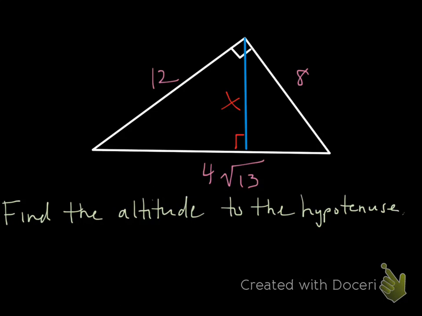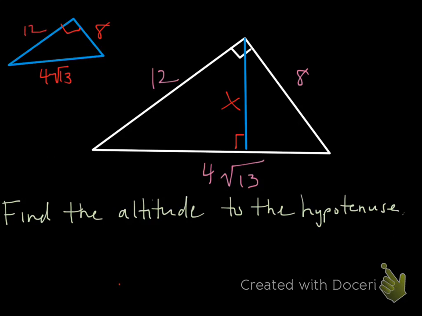So this big triangle, and if I want to break it down to make it a little easier, I have a triangle here. This is my big triangle. There's my right angle. This is 4 square roots of 13. This is 8. This is 12.